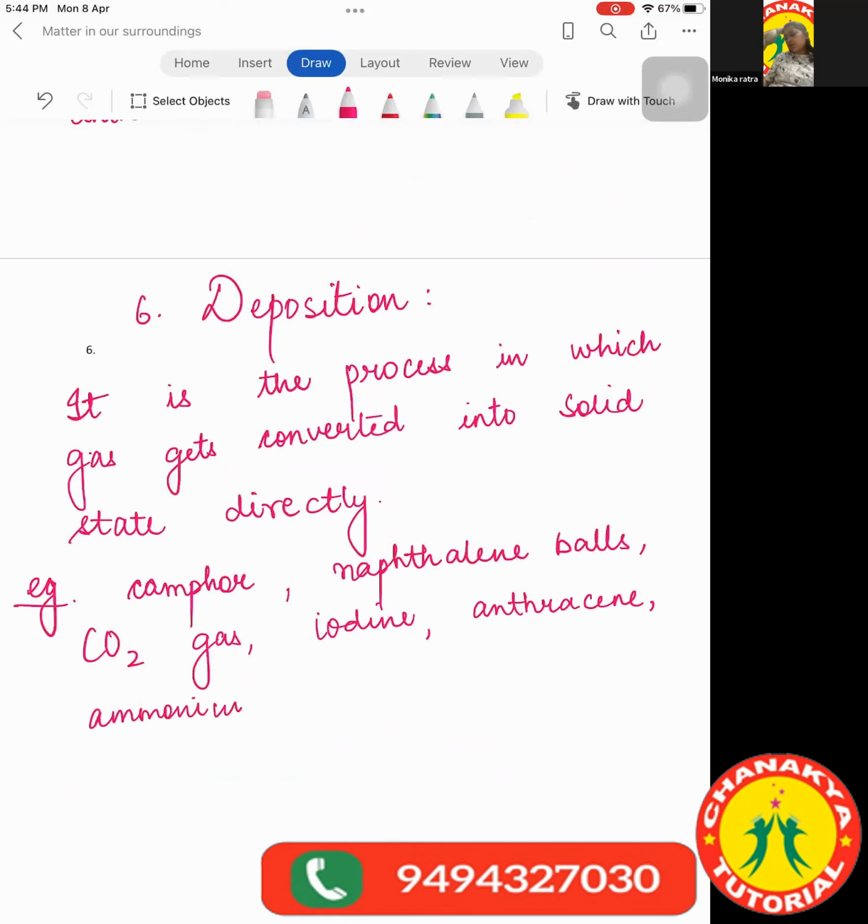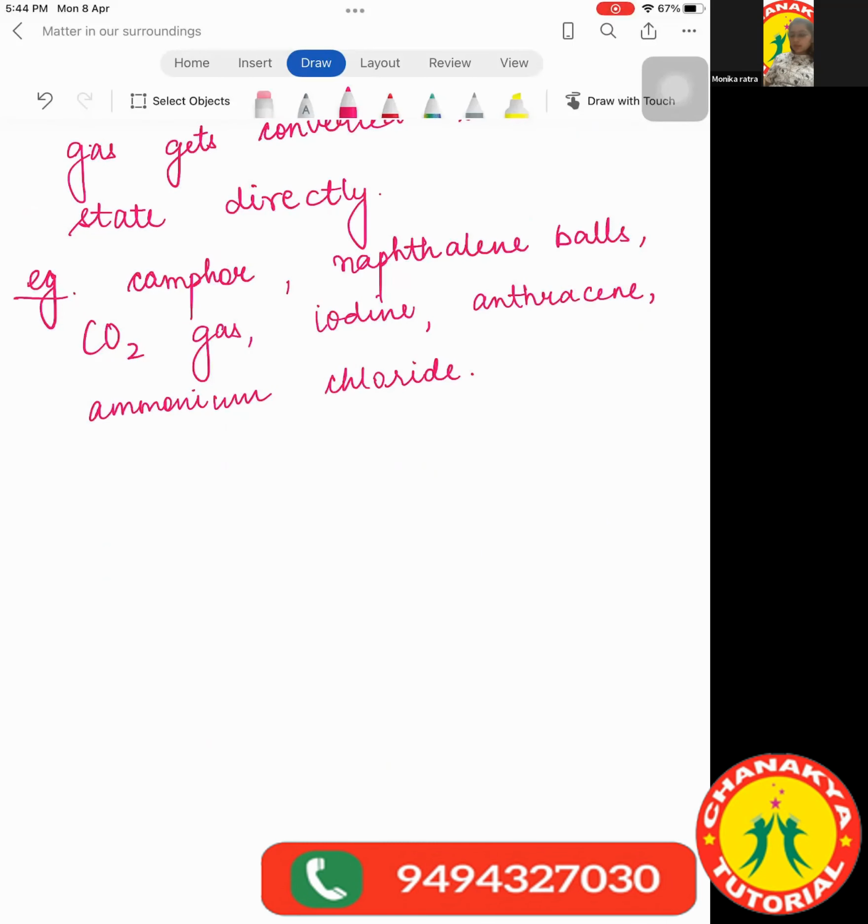Now an important thing to be noticed over here is the diagram of sublimation. I'm going to draw the diagram and I'm going to explain you everything about sublimation.